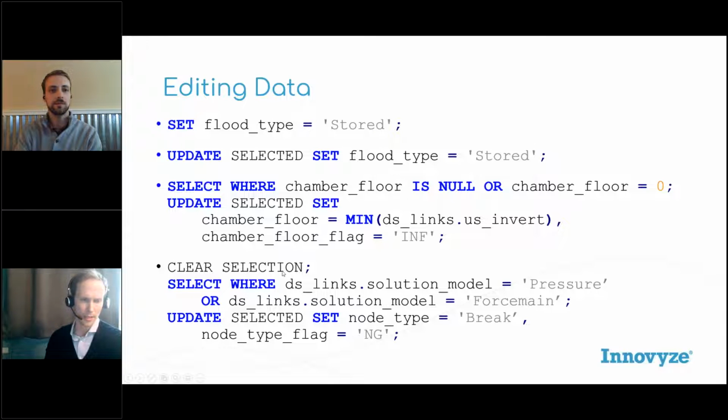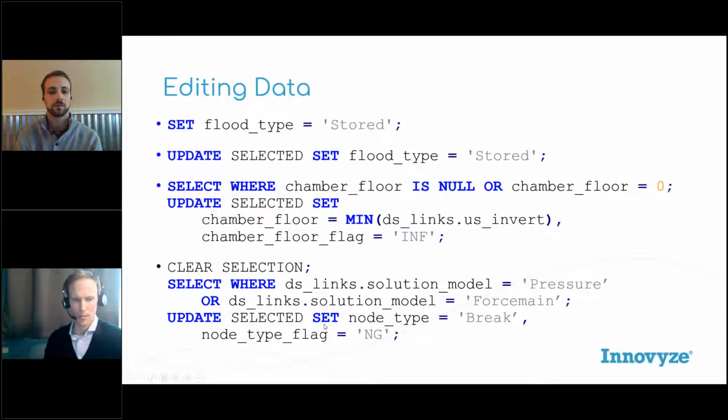So first we clear the selection, and then we select where the downstream links, and this is on the nodes table. So the downstream links of any node and the solution model field of those downstream links, if it equals pressure or the downstream link solution model equals force main, then we select those. So we're going to select any node that has the downstream pipe as a pressure main or force main.